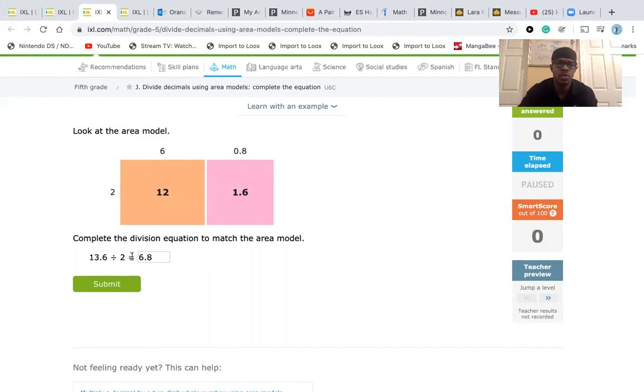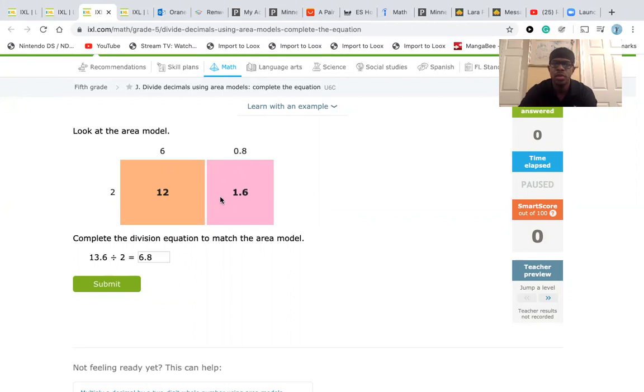So we have 2 multiplied by 6.8, we have the 2 by itself, the 6 by itself, and the 0.8 by itself. 2 times 6 is going to give you 12. 2 times 0.8, that's going to give you 1.6. So we know with area is length times width, so we did 2 times 6 and then 2 times 0.8.